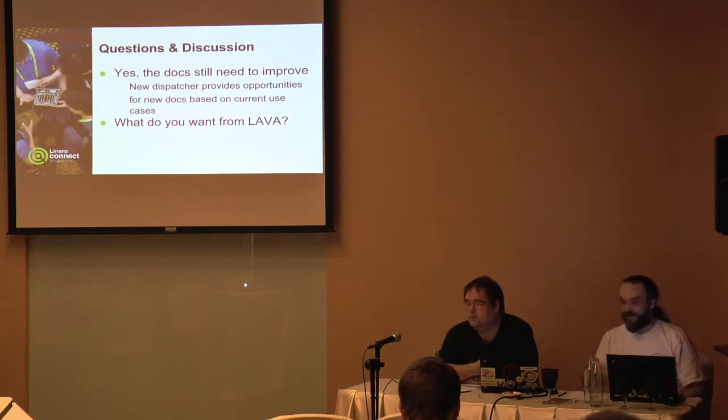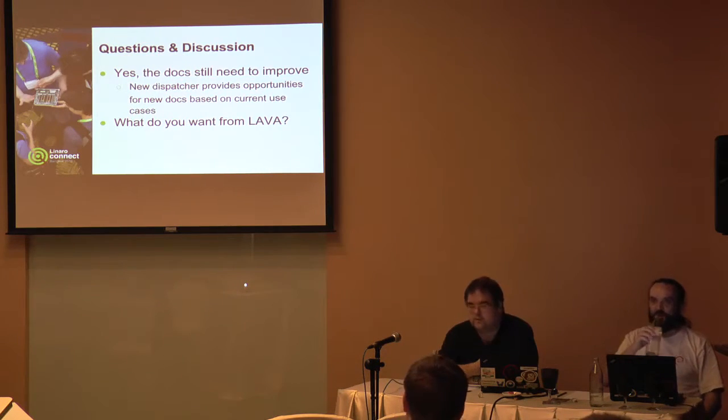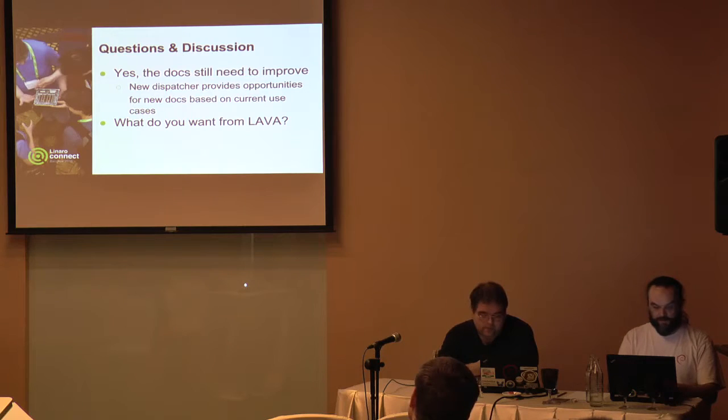So the new dispatcher pipeline gives us a lot of scope for documentation improvements. We're going to have to write a lot more docs, especially as people start migrating over. We're going to be talking about that later in the week as well.